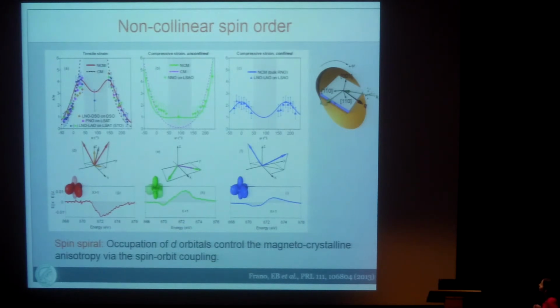In a confined situation under compressive strain, where things kind of cancel, we find them at 45 degrees to the z-axis, with 90-degree angles between these moments. From this, we concluded that the occupation of the d orbitals controls the magnetocrystalline anisotropy through spin-orbit coupling.